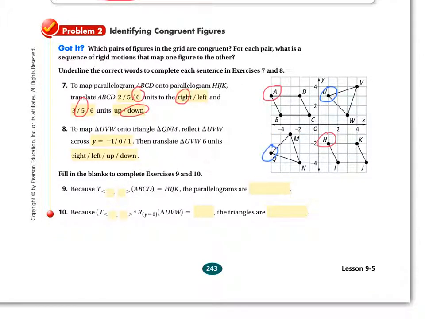So they do walk you through it a little bit. So we reflect UVW across y equals. So they're kind of giving you a hint. Y equals is what kind of line? Horizontal. And so find the distance between two corresponding points. So we identified these as our two corresponding points. How far apart are they vertically? Because our y line is going to go in this direction.